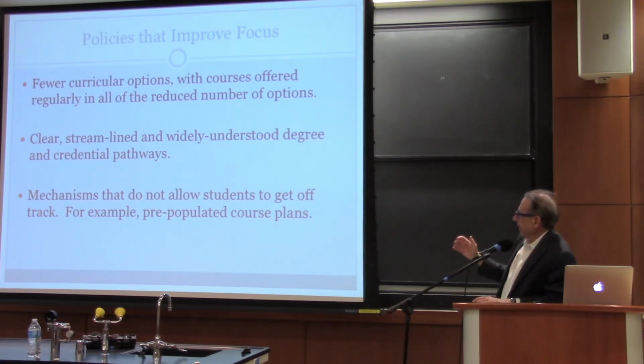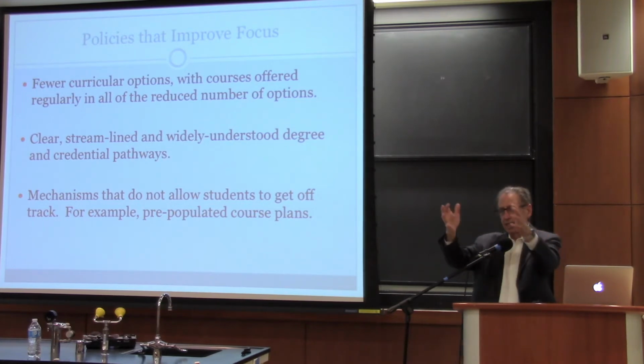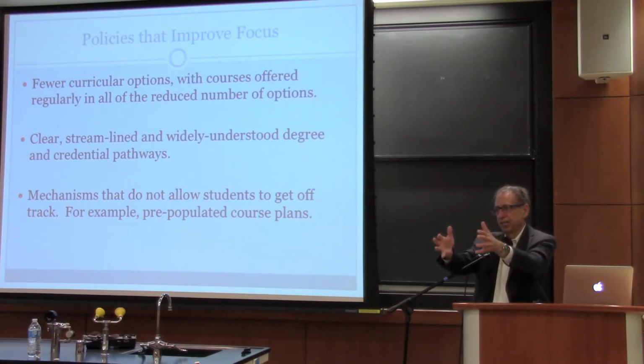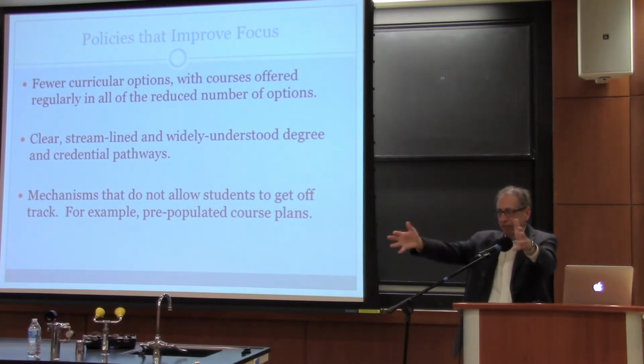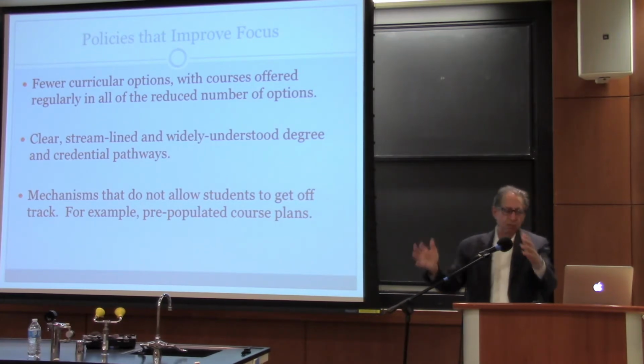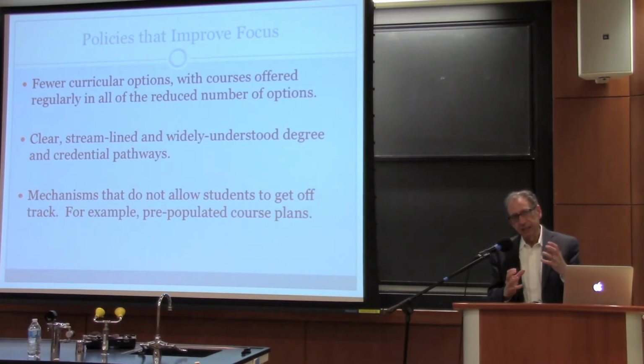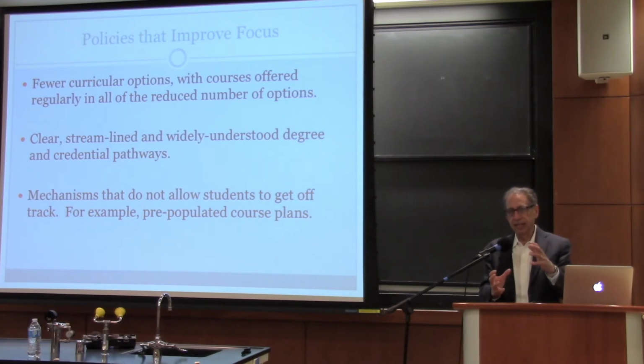And make sure that there are mechanisms that allow students not to get off track. So pre-populated course plans. Here is your course plan for the next 2 years. We promise that these courses are going to be offered when we say they're going to be offered. And we're going to have enough of them to accommodate everyone who wants them. So that's one set of policies that could help.